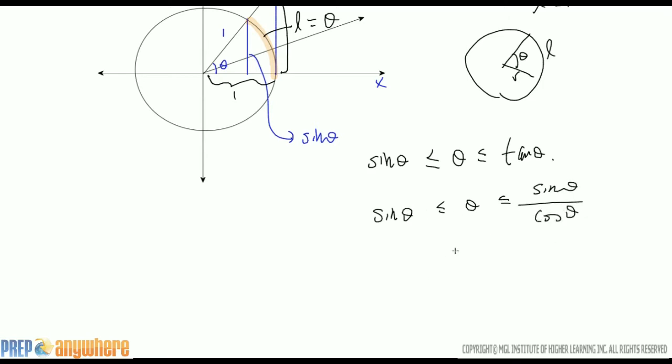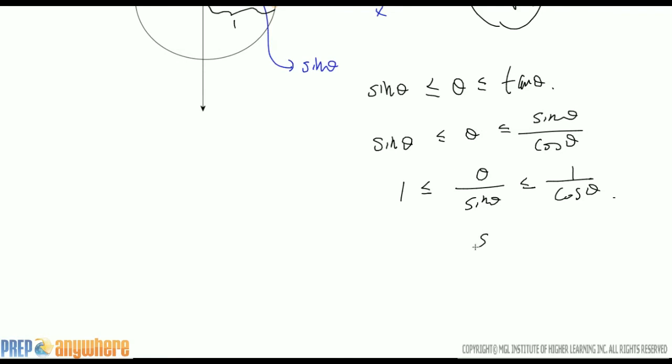Divide everything by sine of theta. No. Flip all of them. Then we get this relationship that sine theta over theta is always smaller than 1, but always greater than or equal to cosine of theta.